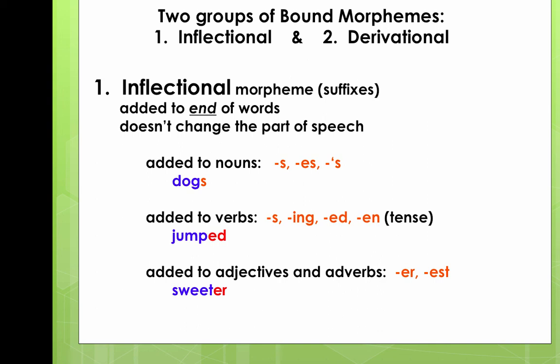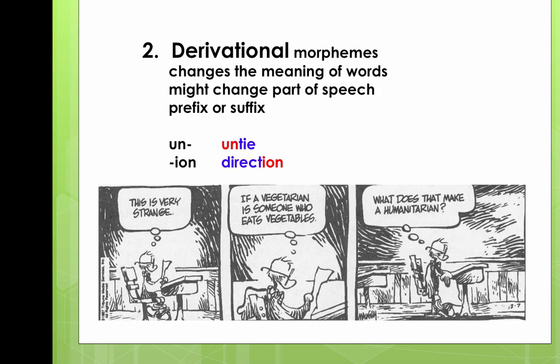You can add the inflectional ending to verbs, ed or s or ing. It will change the tense, but it still is a verb. You can add the inflectional ending of er or est to an adjective, making sweet into sweeter. These are inflectional morphemes. Inflectional morphemes are always a suffix.